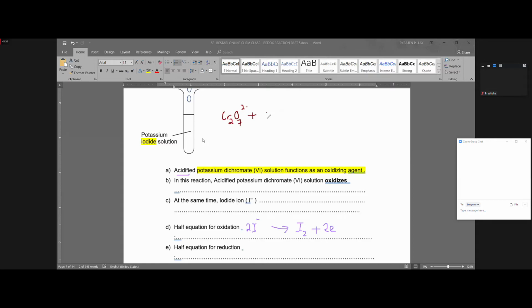So I'm going to put plus H+. Need some space here to this arrow. Becomes chromium(III), so it becomes Cr3+. Cr3+, that one first. And then H+ and O becomes H2O. Right? H+ and O becomes H2O. We got this one.